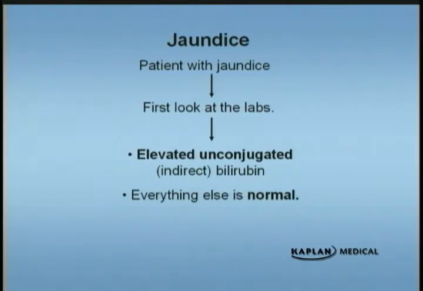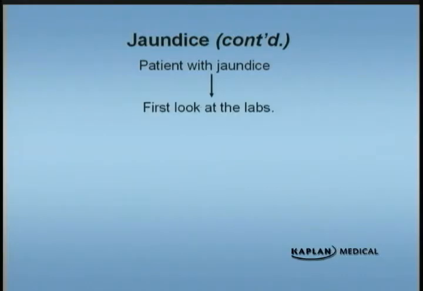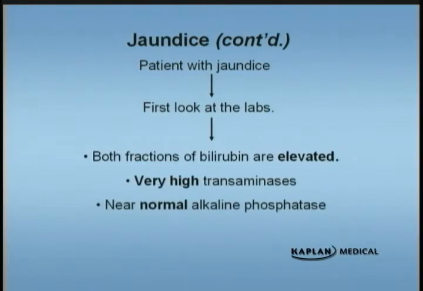If you see elevated, unconjugated indirect bilirubin and everything else is normal, that's hemolytic jaundice. If you have a patient with jaundice and both fractions of the bilirubin are elevated, the transaminases are very high, but the alkaline phosphatase is near normal, that is hepatocellular jaundice.